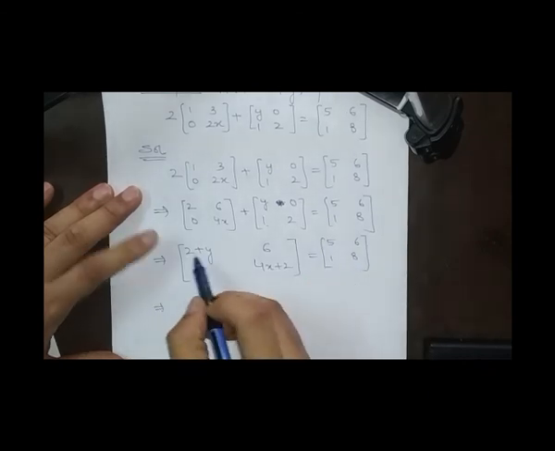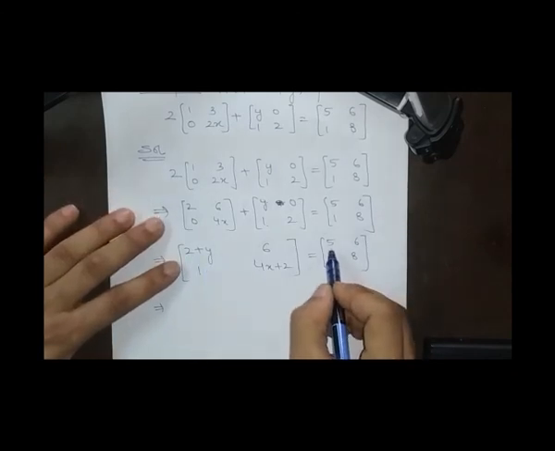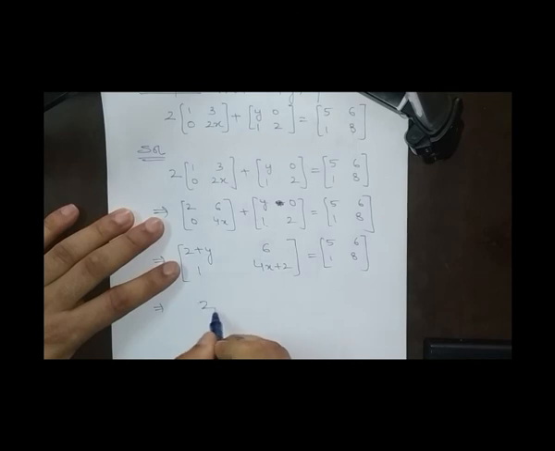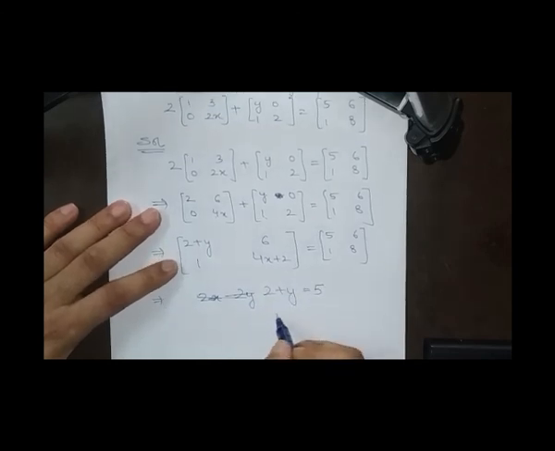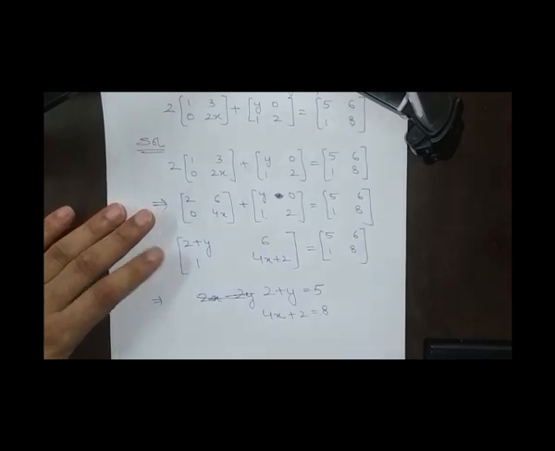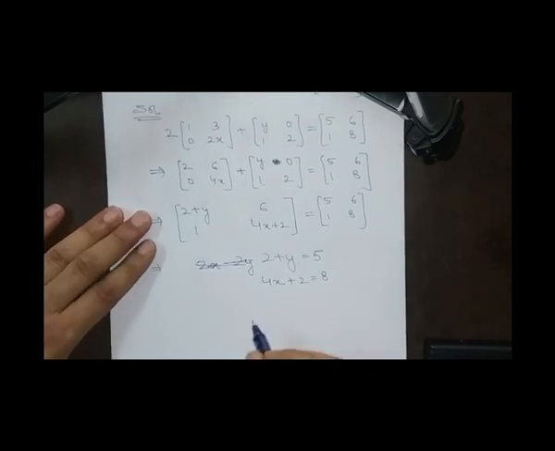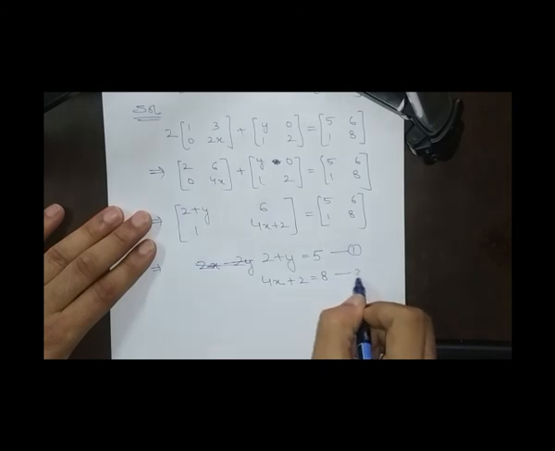Here the a11 and b11 both are equal, so we will take 2 plus y is equal to 5 and 4x plus 2 is equal to 8. This is equation 1, and this is equation 2.